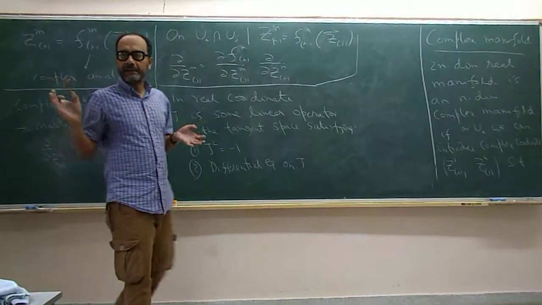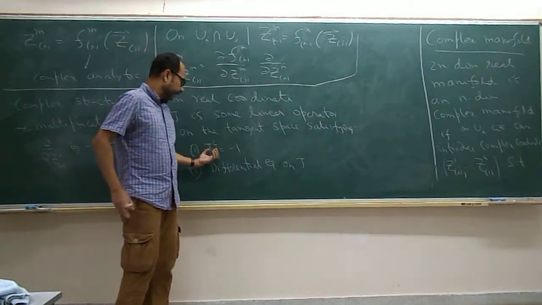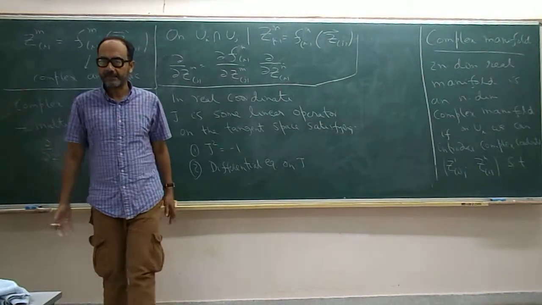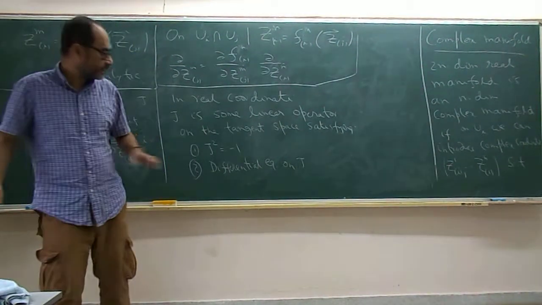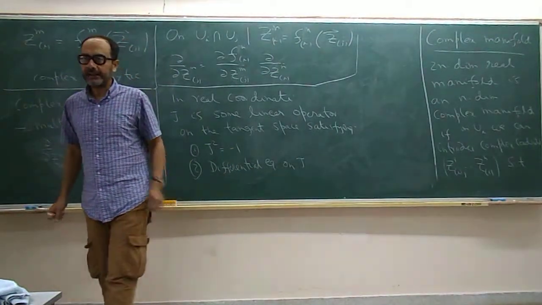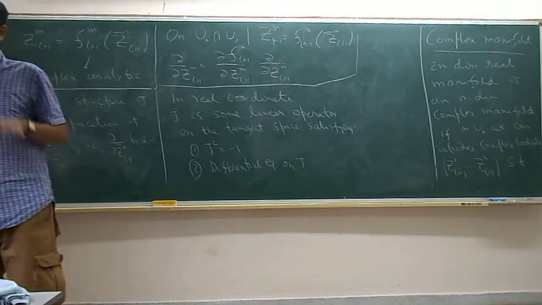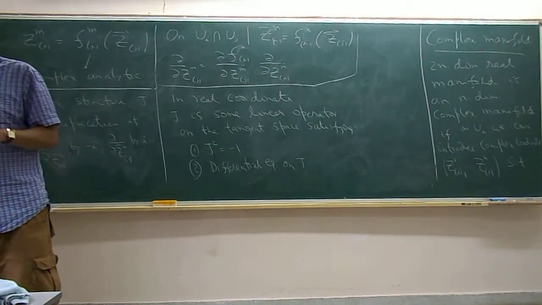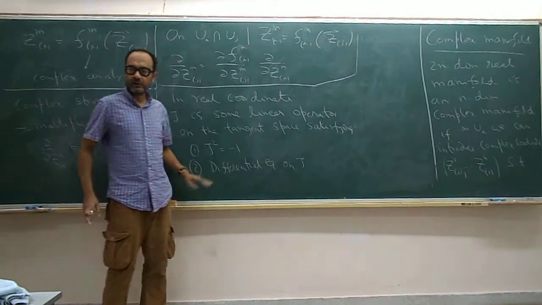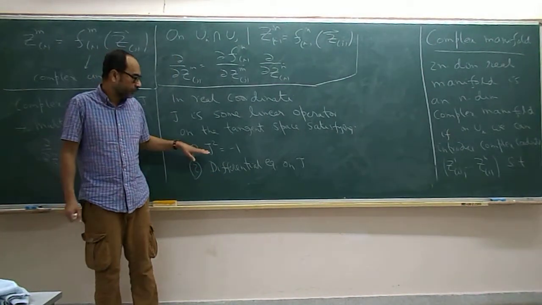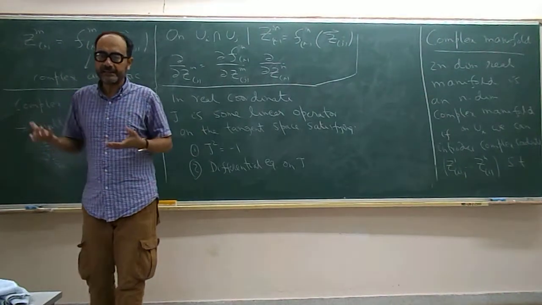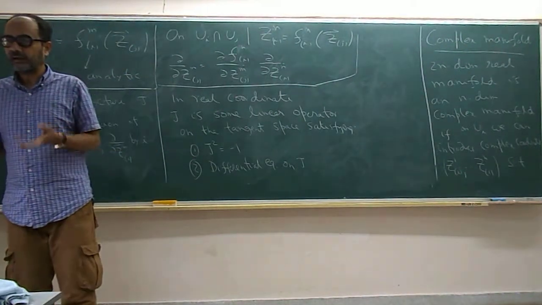If somebody gave you a real manifold and a linear operator J on the tangent space, everywhere satisfying J squared equal to minus 1 and this differential equation, then you are guaranteed that you can introduce a complex coordinate system on that manifold on which J acts as multiplication by minus i on del del z_i's and multiplication by plus i on del del z bar i's.